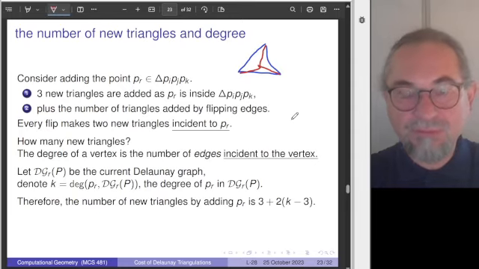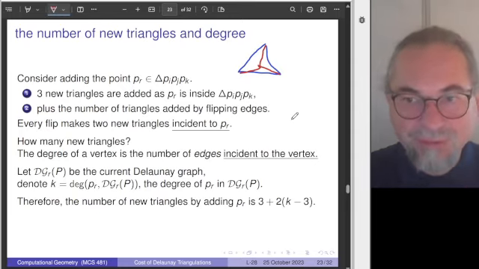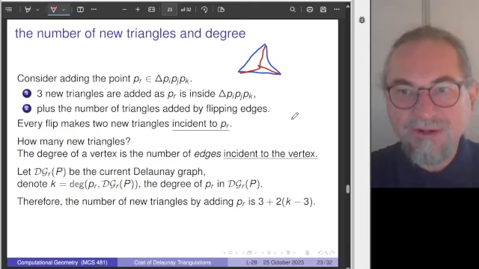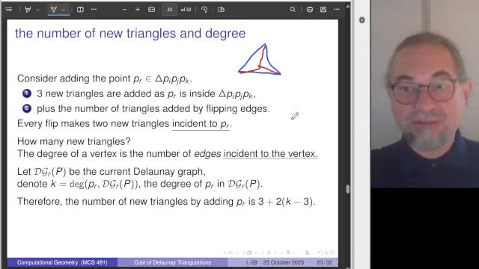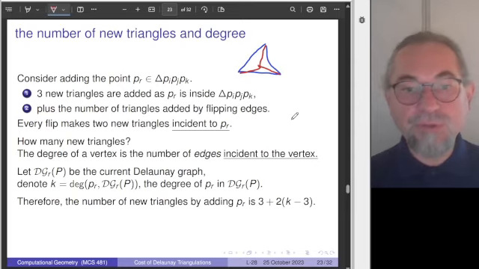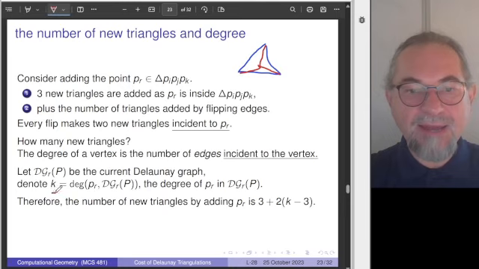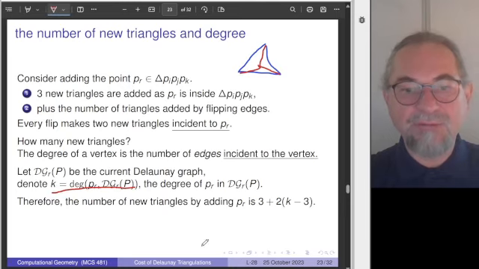So we reason about the Delaunay graph. So in some sense that graph is planar, but it's not necessarily a triangulation. So it's good to keep that in mind a little bit. So the number of new triangles depends on the degree of a vertex. So we will denote this here by K, that degree of a vertex.